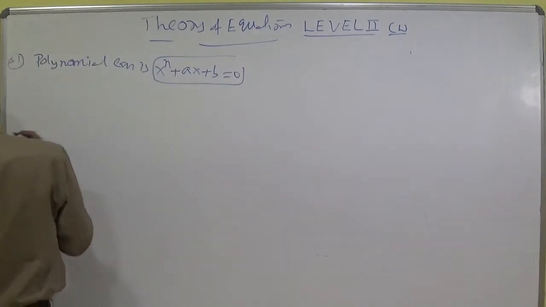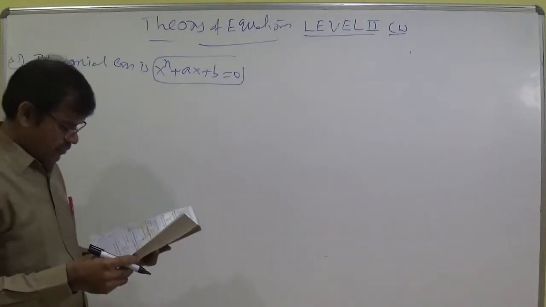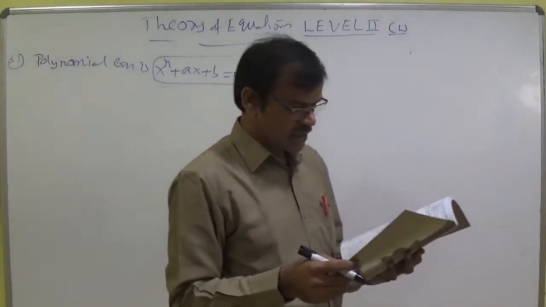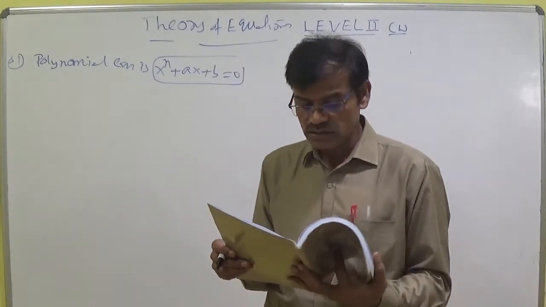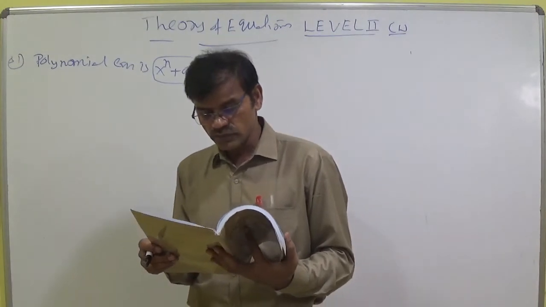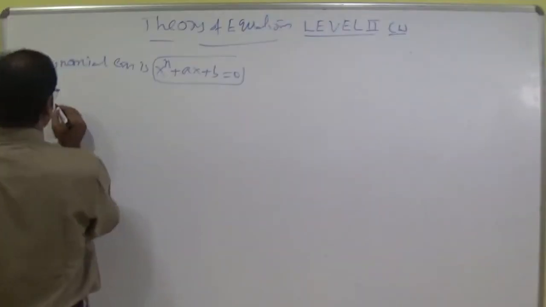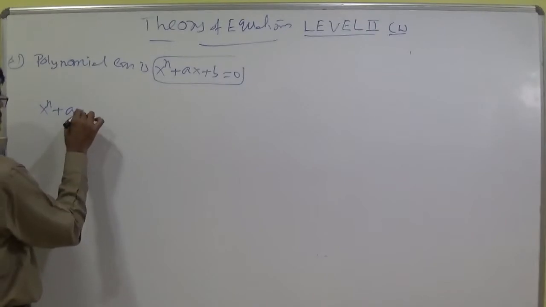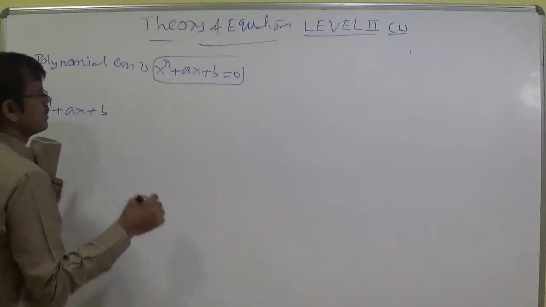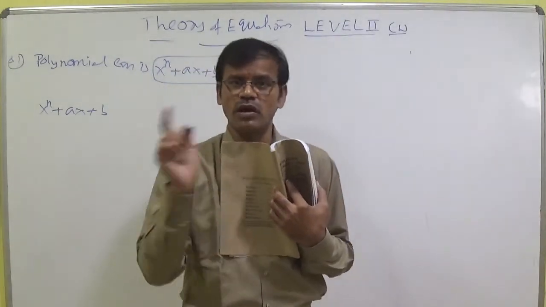Depending upon this equation, he has given alpha 1 minus alpha 2 into alpha 1 minus alpha 3 into alpha 1 minus alpha 4, and so on up to alpha 1 minus alpha n. He is discussing the polynomial equation. We can write x power n plus ax plus b is equal to x minus alpha 1 into x minus alpha 2 into x minus alpha 3, and so on.